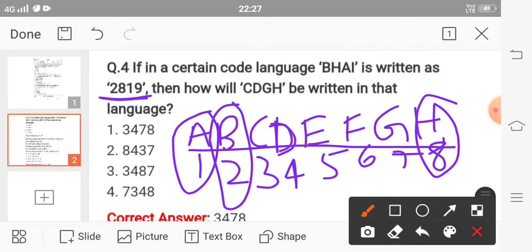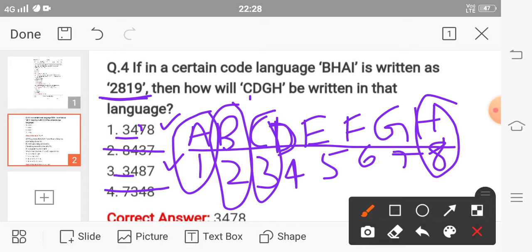Now how will CDGH be written? Here the first one is C. So C is in third place. Where is C as the first letter? That means the first number in these options. Here 3, and in this option also 3. So delete the second option and the fourth option. In these two options the second number is also 4, so don't think about the second number.